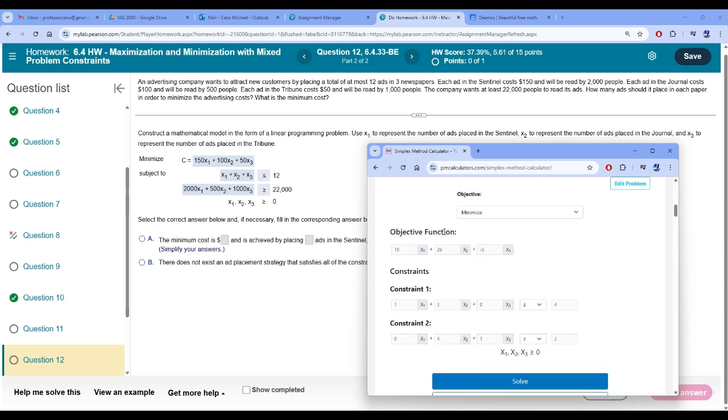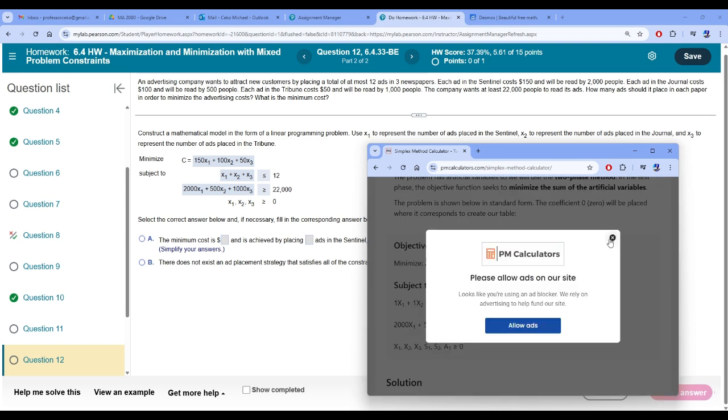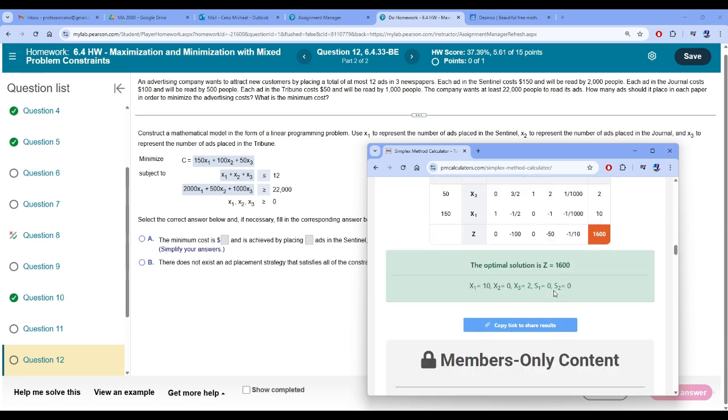These are 150, 100, and 50 with constraints 1, 1, and 1 must be less than or equal to 12 with 2, 1, 2, 3, 5, 1, 2, 3, and 1, 1, 2, 3. Oh, this is 5,000, not 500, is greater than or equal to 22, 1, 2, 3. There we go, move down.